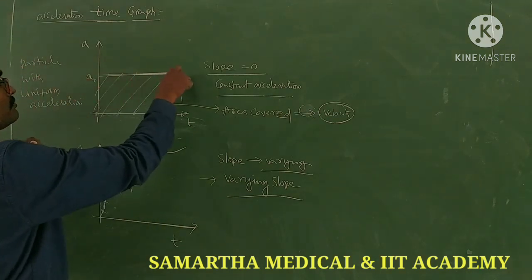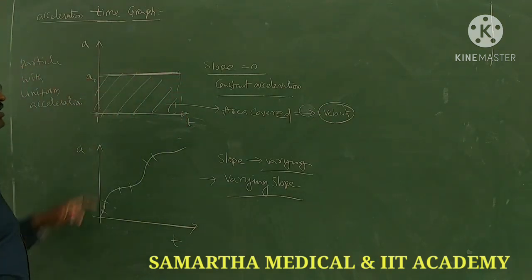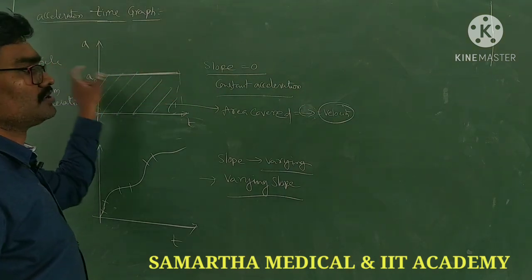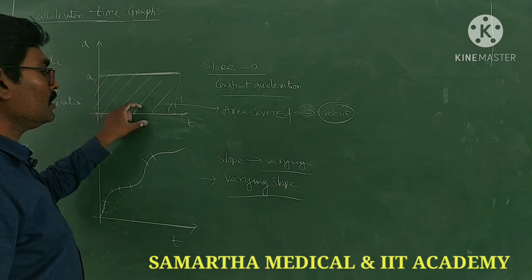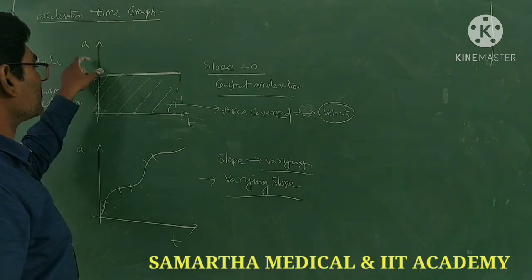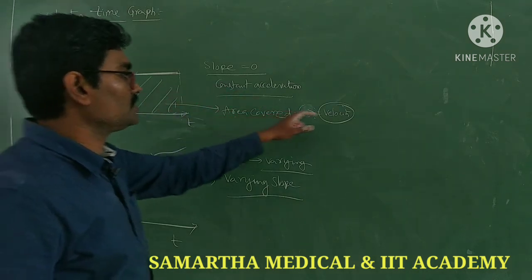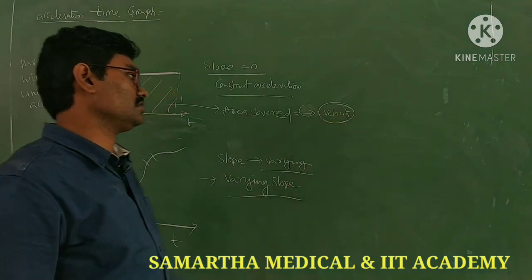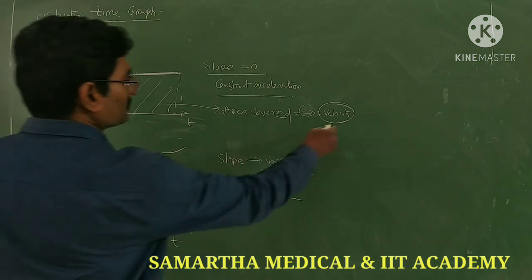Based on the shape you will calculate the area. That area gives you the physical quantity, the product of the y coordinate and x coordinate. The y coordinate is acceleration, the x coordinate is time. So acceleration into time gives you velocity. So the area covered by the acceleration time curve gives you velocity.